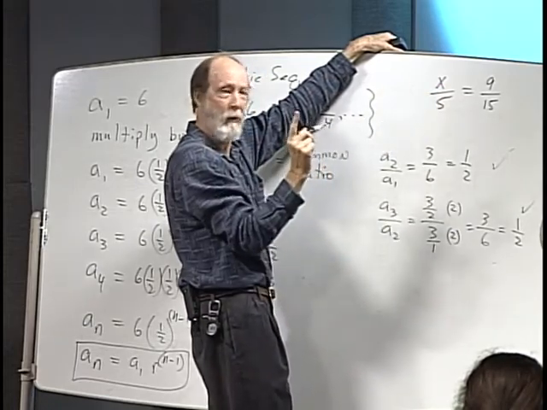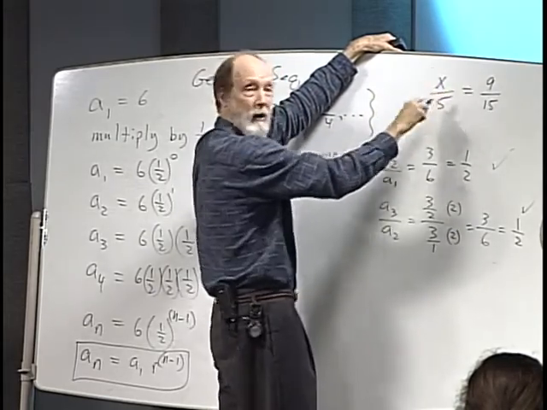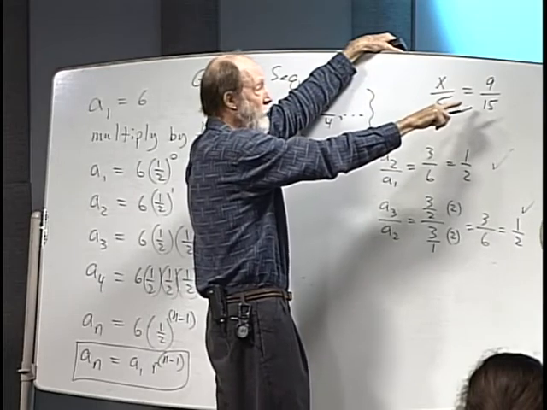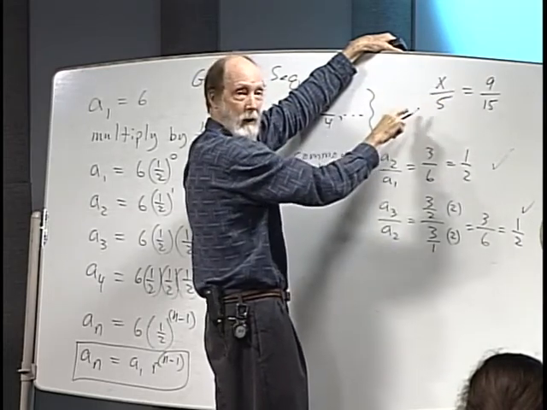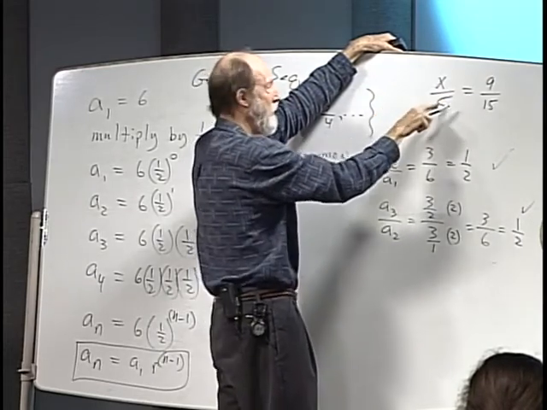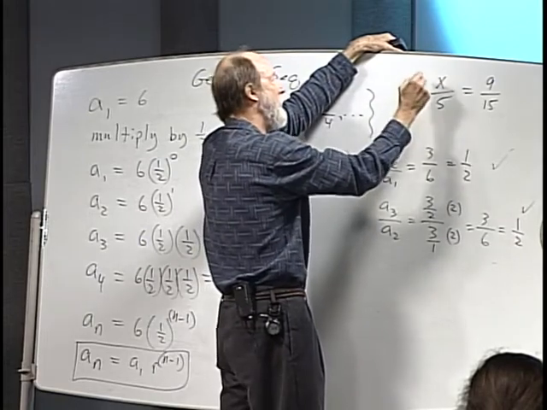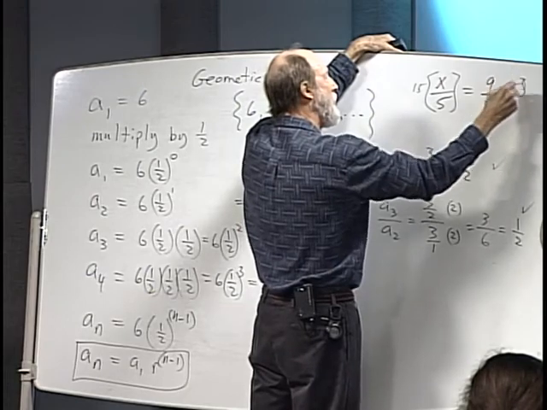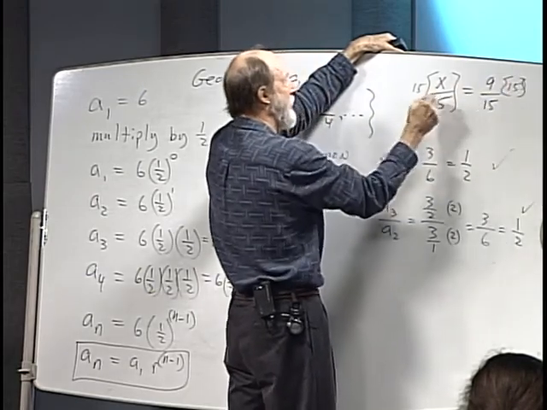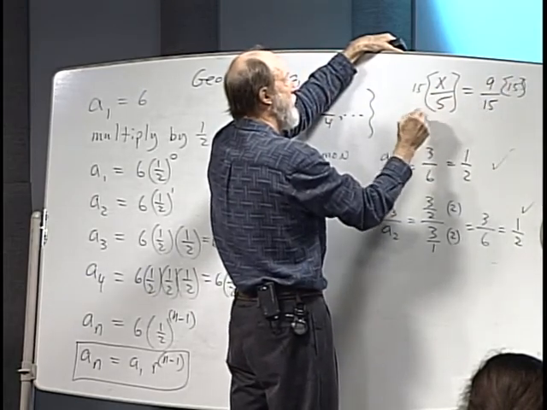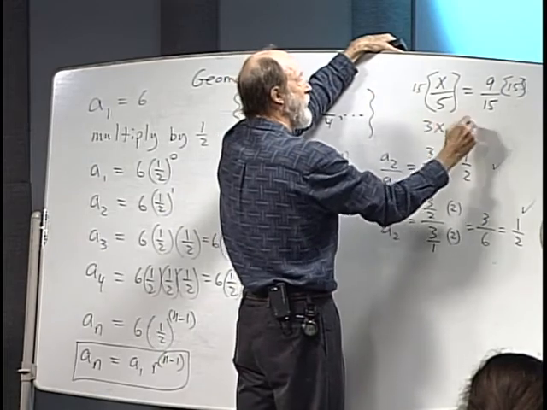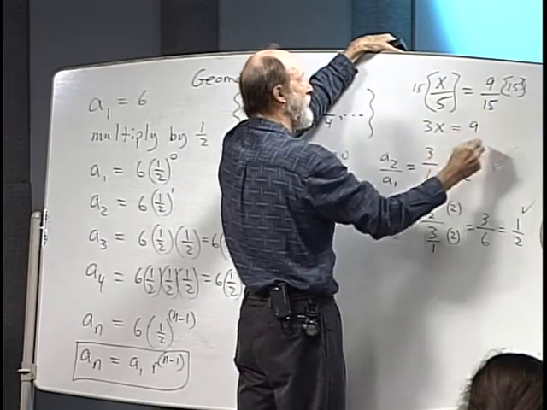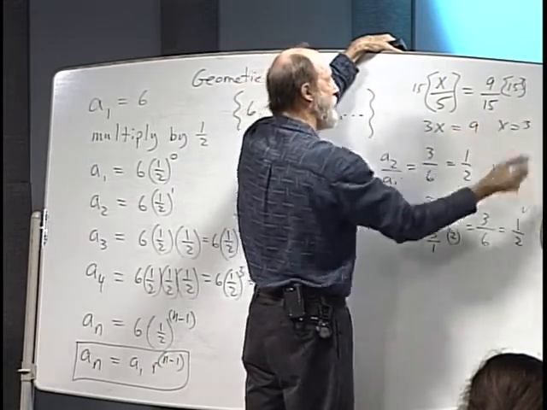The best way to do these is this. See, this is a fractional equation, and multiply both sides by the common denominator, which is 15. Multiply both sides of the equation by your 15. And that cleans it up and immediately gives you 3x equals 9, and then x equals 3.